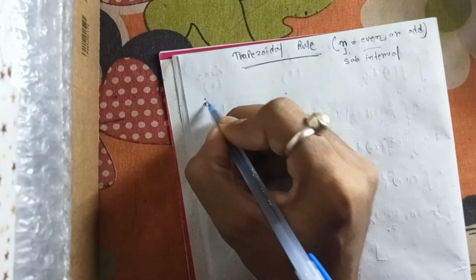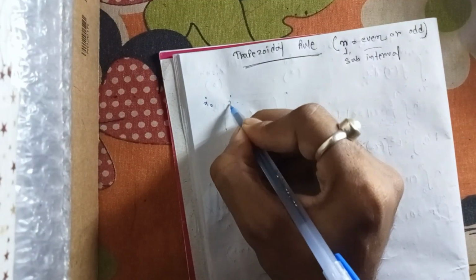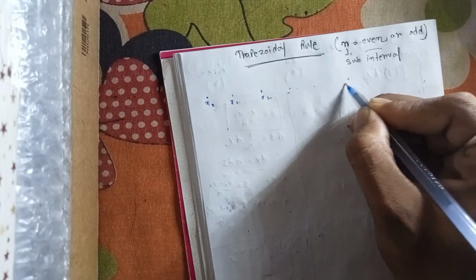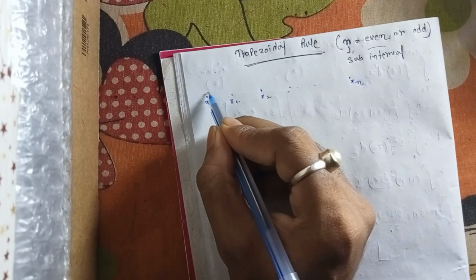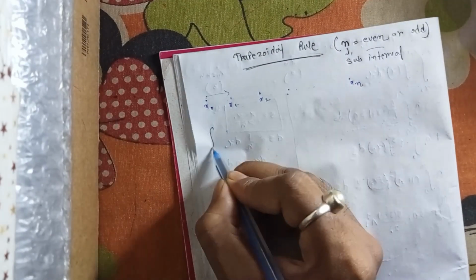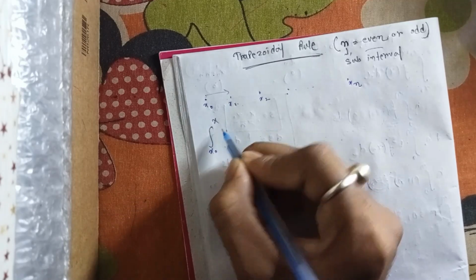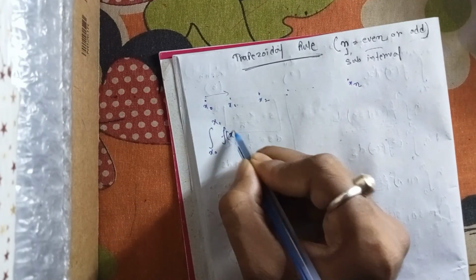At first, see the points x0, x1, x2. So by this way, after some time we will reach xn. So at first x0 to x1, see these intervals, just x0 to x1. So integration of x0 to x1 f of x dx.